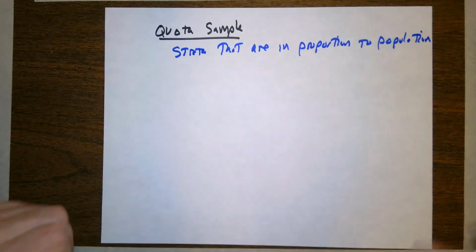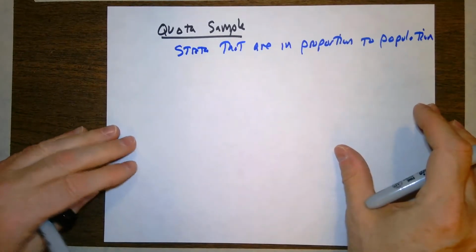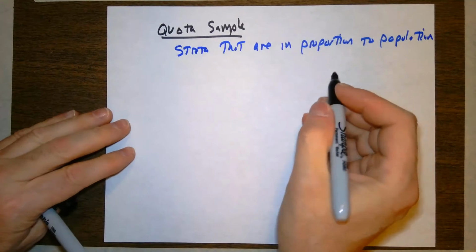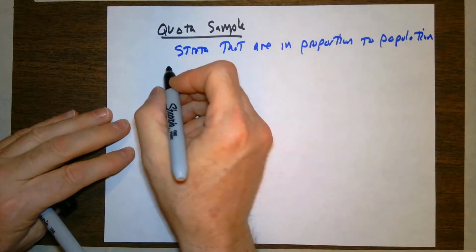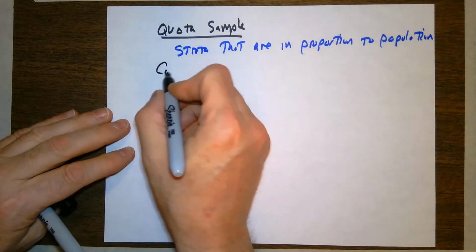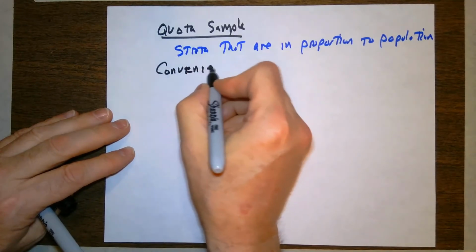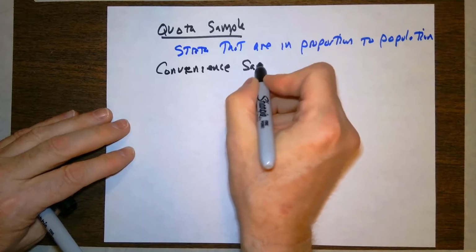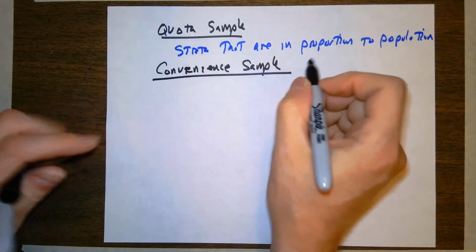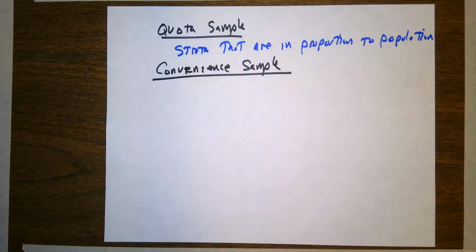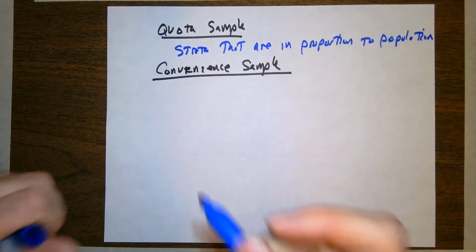The last one is the easiest, the most simple, very basic, and it's called a convenience sample. Just as it sounds, the convenience method is we just go up to whoever is easily available.